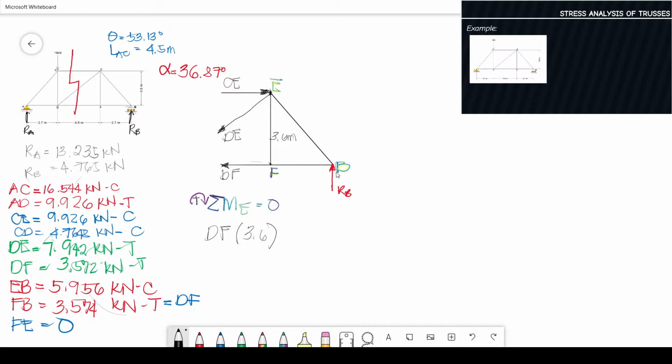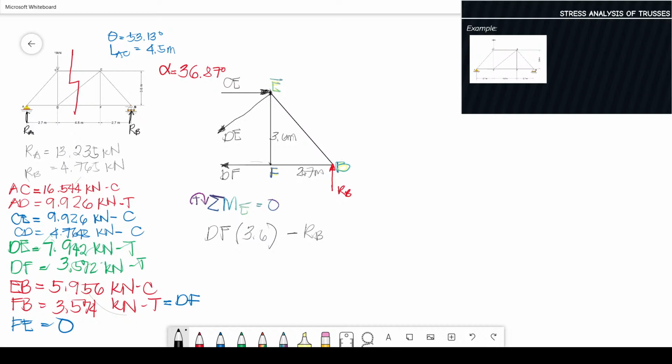Then we have our reaction at point B. This is 2.7, by the way. So again, just refer to the figure. So RB, our distance to point E is 2.7.